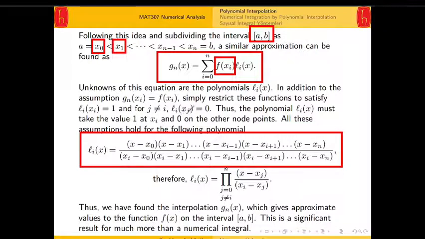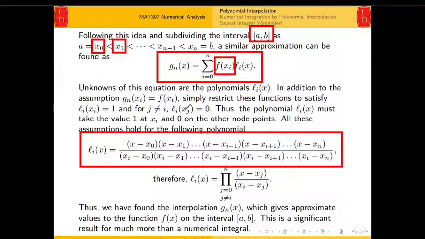So if we consider, for example, j is equal to 1, then x1 will enter here, so x1 minus x1 will be equal to 0. Even if the other terms are non-zero, this 0 factor will make the polynomial equal to 0.